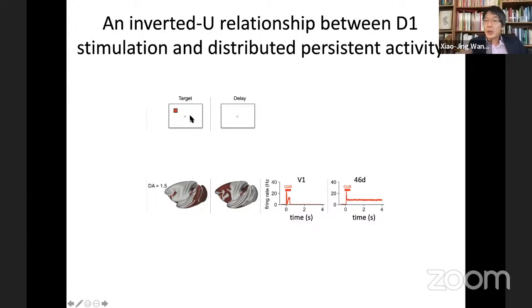By the way, we have stimulus selectivity in this simple simulation. Let's say you have only two stimuli, red versus blue, on the right versus left. You see that the response in V1 is transient, only during the stimulus presentation, but a frontal area like 46d shows delay activity that's self-sustained during the delay period.